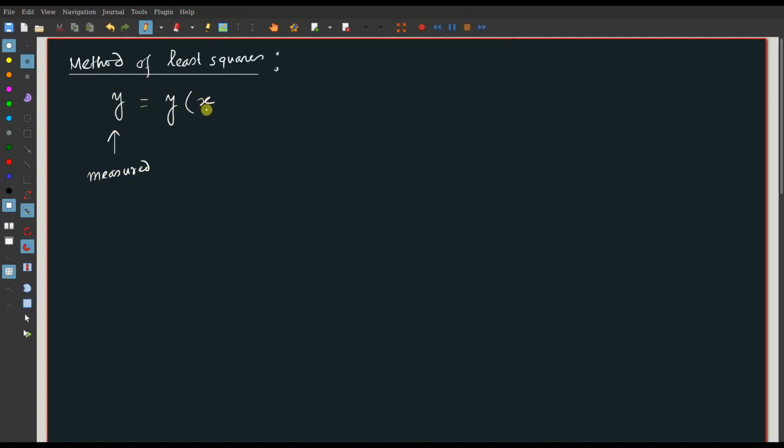Okay, so this y is a function of another random variable x, and this functional dependence also depends on some unknown parameters. Let's say theta. So I write theta vector as a collective term. So there are different thetas that connect these things.